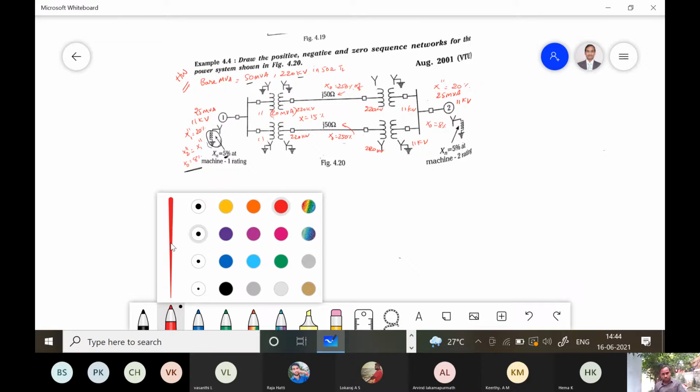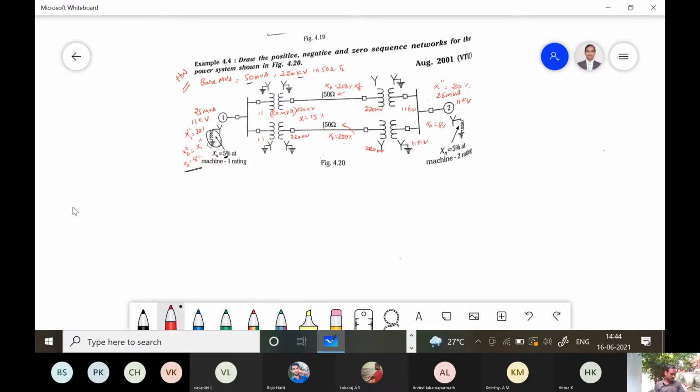So now generator reactances are over. Now we need to calculate sequence reactance for the transformer. For the transformer, positive sequence reactance and negative sequence reactance are both the same for all the transformers. That is given as 15%, right?